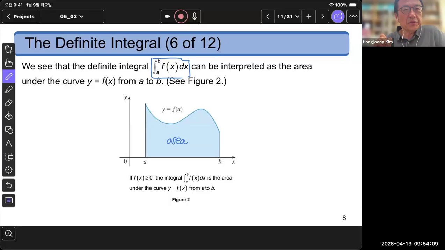Of course, that's the case when your f is non-negative.